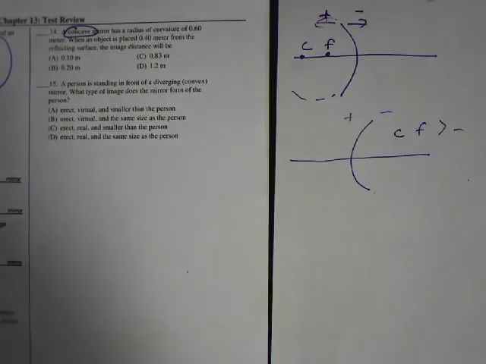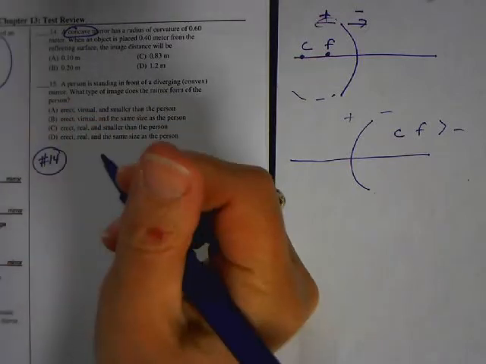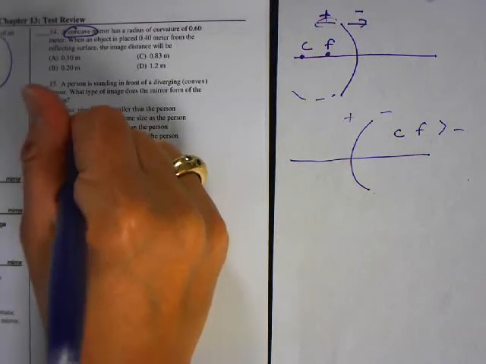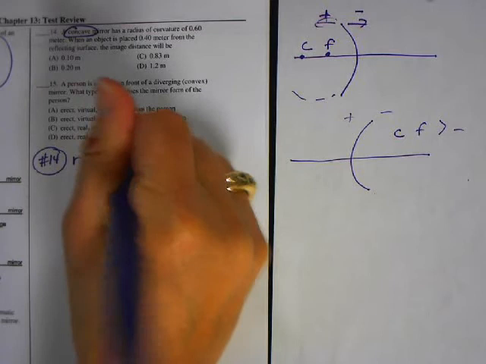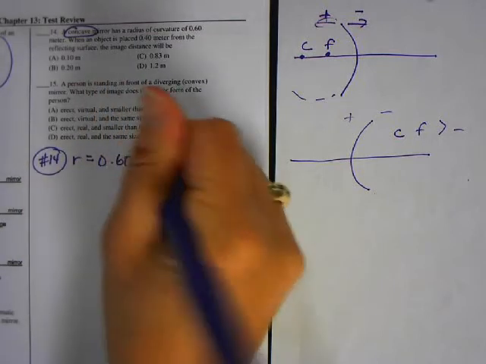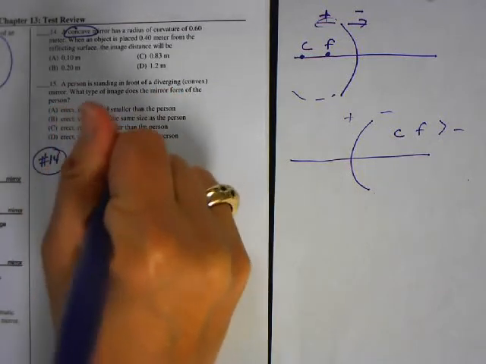So let's look at number 14. So number 14 says it's concave, and it says it has a radius of curvature of 60. So the radius of curvature is actually what? C. And I know that F is equal to C divided by 2.